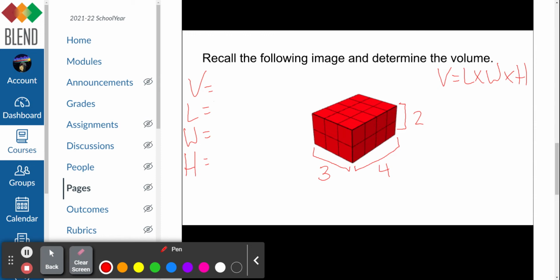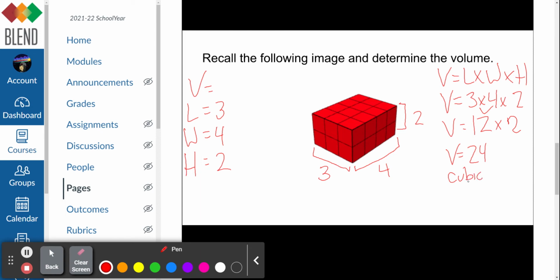All right, so we have a length of 3, a width of 4, and a height of 2. Remember, if you flip-flop the length or the width, it's not going to change your answer. You still have a base of 12 because 3 times 4 or 4 times 3 are both 12. So 3 times 4 is 12, 12 times 2 is 24, so our volume is 24 cubic units.